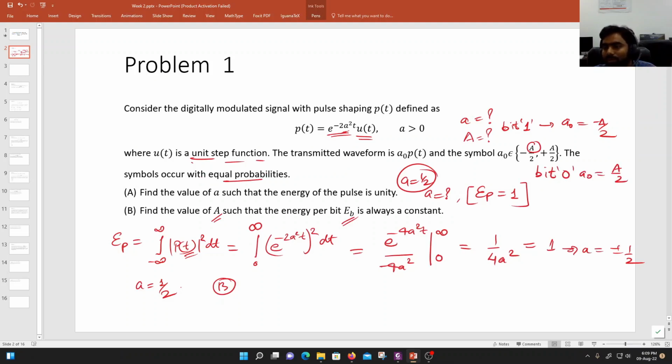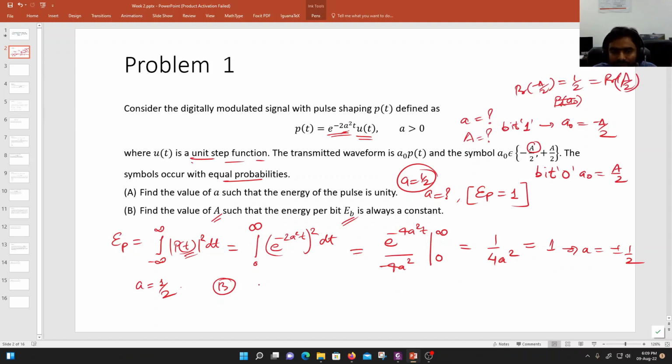So the probability of a naught being minus A by 2 is half, and is also half for A by 2.